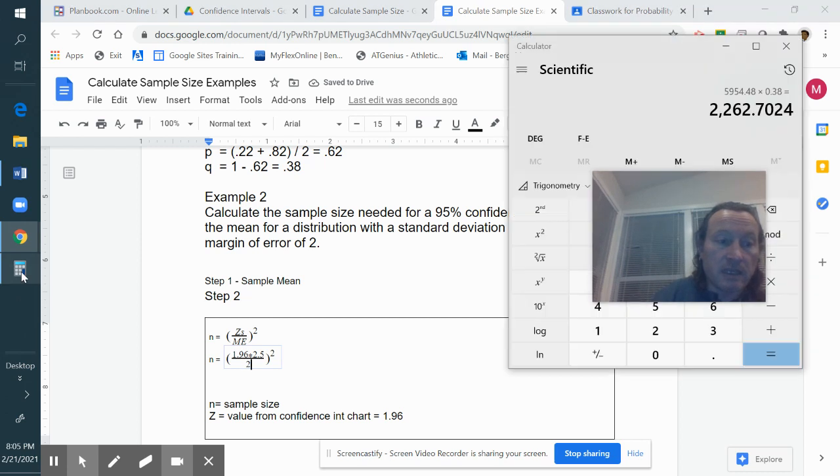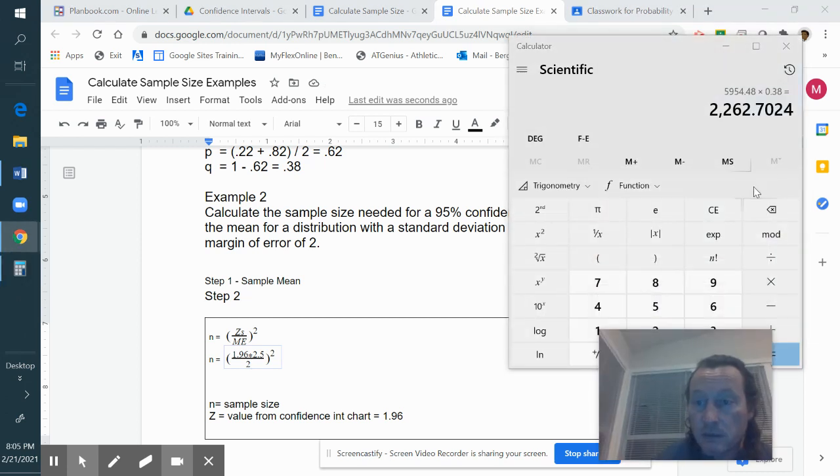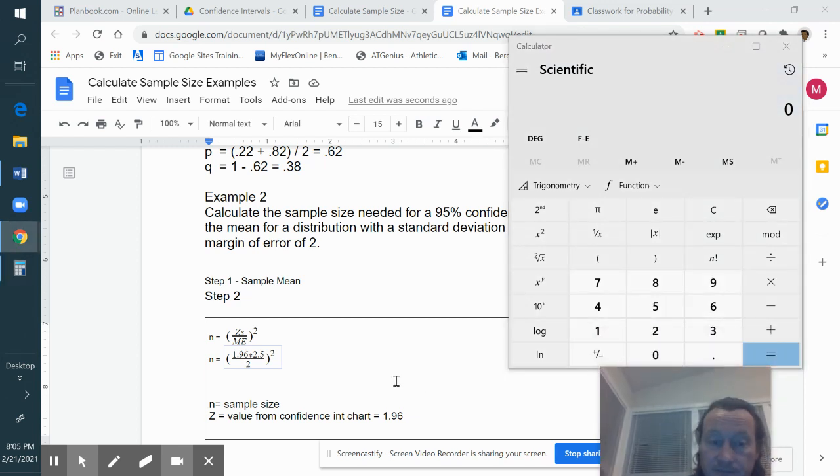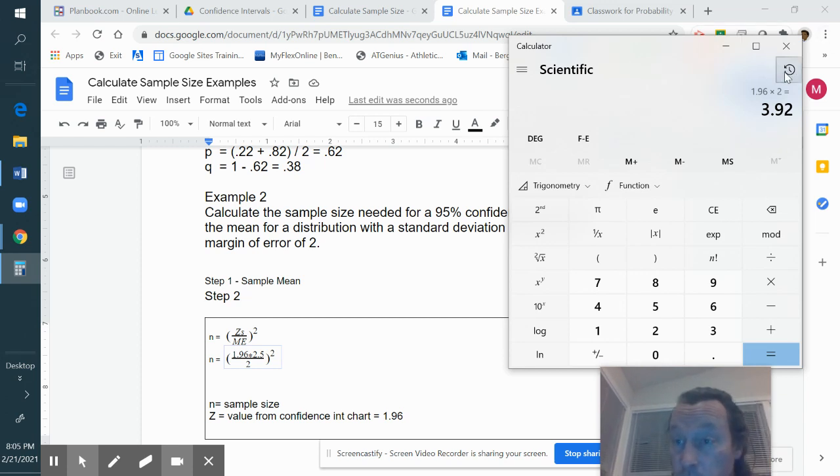So now we get our handy dandy calculator, which I like to call my friend Bob here. I'm just going to do what it tells me to do. Oh, sorry. That's not what it told me to do. This is what you should not do.